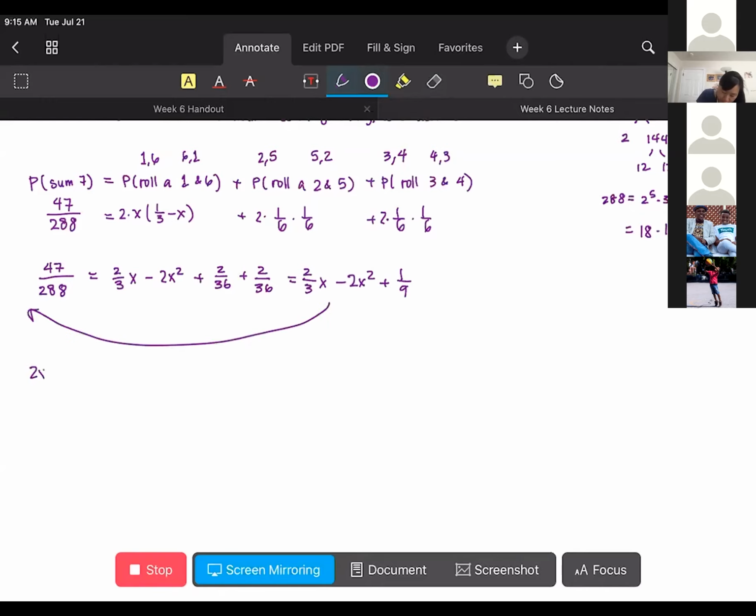So this will give us 2x squared minus 2/3 x plus 47 over 288 minus 19 equals 0. So this gives us 2x squared minus 2/3 x plus 47 over 288 minus, so this is going to be 9 times 32, so 32 over 288 equals 0.